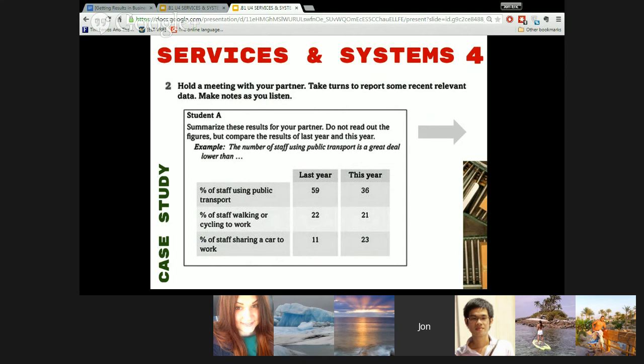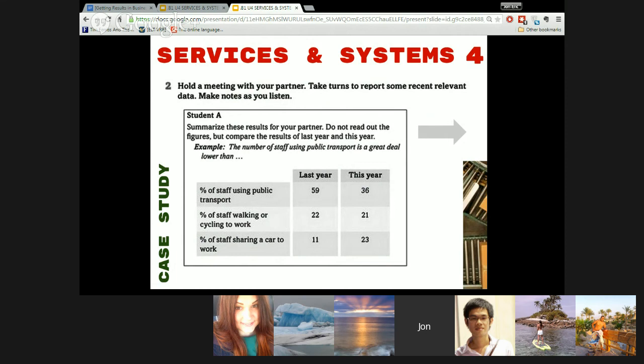Oh, well, as you can see, according to the report, to the table, the number of staff using public transportation is a great deal lower than in the last year.